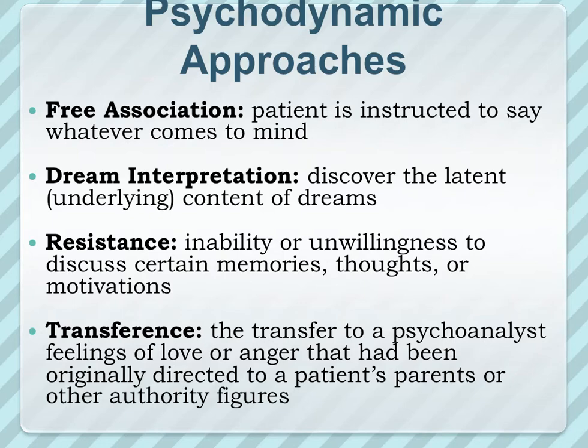And transference. You might have heard of this before. Transference is the transfer to a psychoanalyst of feelings of love or anger that had been originally directed to a patient's parents or other authority figures. The therapist is the only other person in the room here, so if the therapist is successful at getting these repressed, unconscious memories, urges, and feelings to come into the conscious mind for the patient to deal with them, there can be some side effects, where the patient can turn these against the therapist.